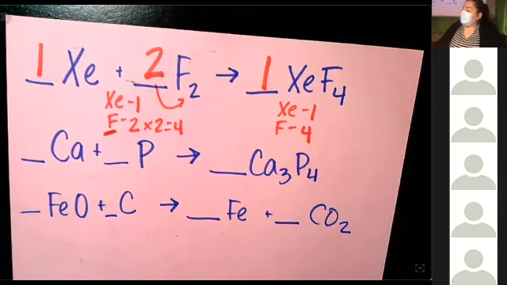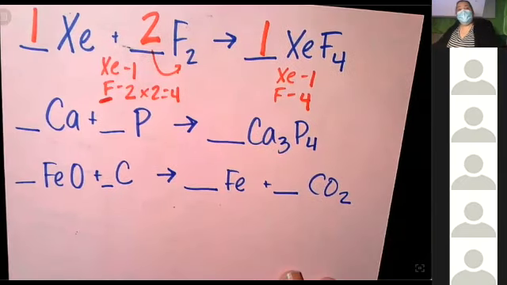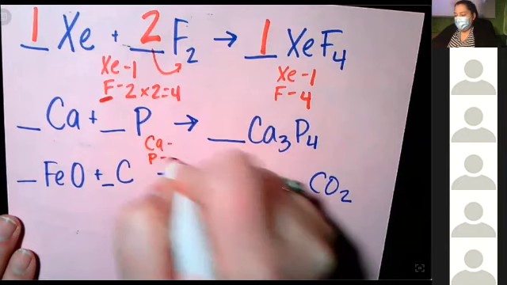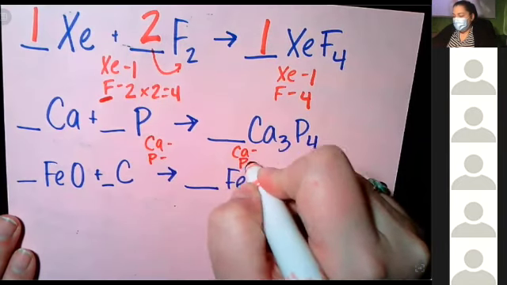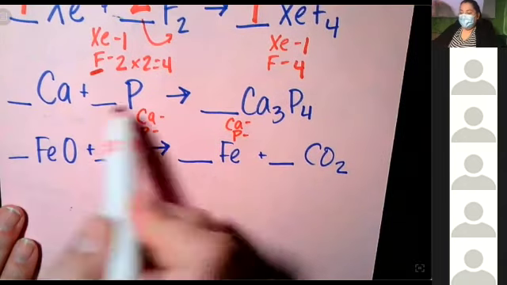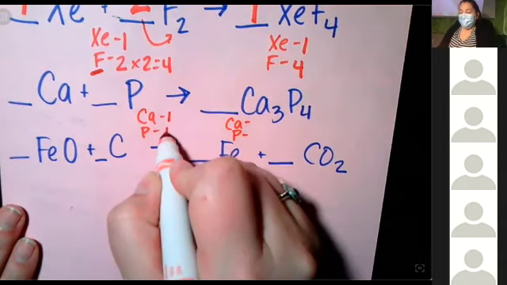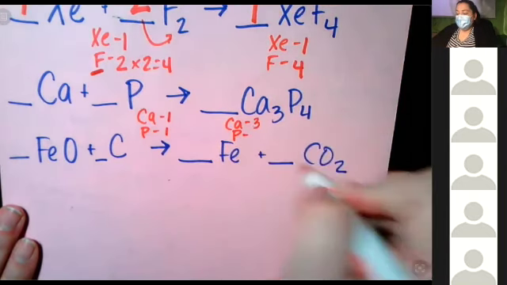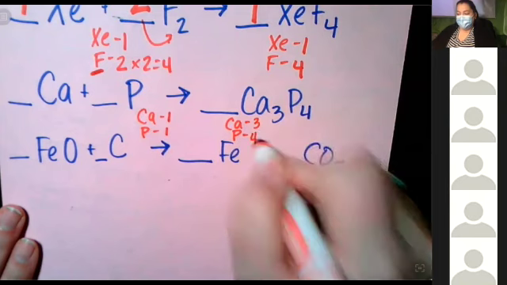All right, the next one works the same kind of way. This one's actually much easier, in my opinion. So we're on number 2. I see one Ca and one P on the reactant side. And over here, I see 3 Cas and 4 Ps.